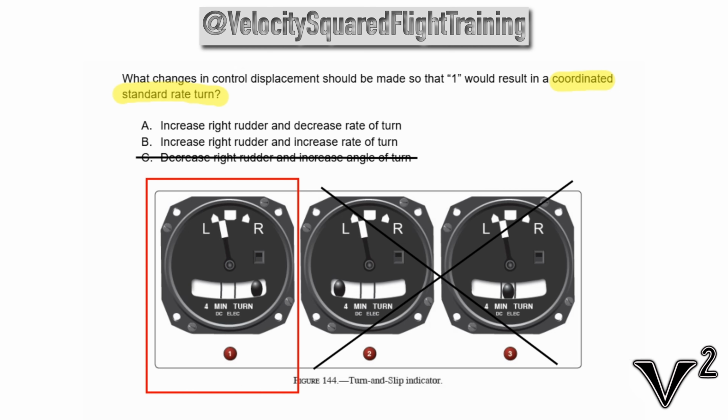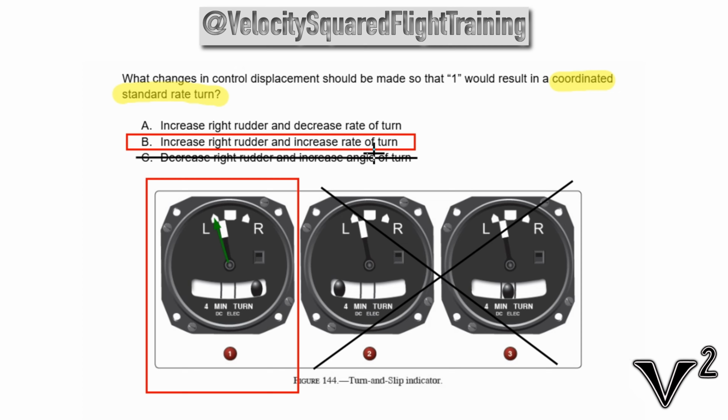So we're less than standard rate. So we talked about step on the ball, press the right rudder. So we know it's one of these 2, and then we're actually going to increase our rate of turn, because if we increase our rate of turn, then we're going to get this needle from here to over here. If we increase it, then you'll be on the doghouse, which is standard rate 4-minute turn. A little bit of right rudder, get that ball coordinated, and you'll be on your way. So we're talking about this answer right here.